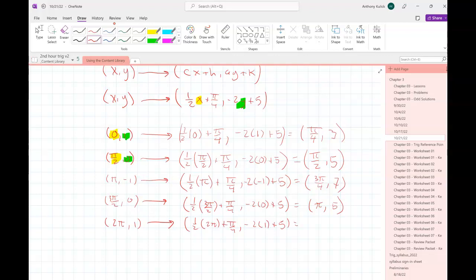Oh, it's adding. Right, we're adding. If I'm doing that, I think about pi as 4 pi over 4. Right, just making a common denominator. And then negative 2 times 1 plus 5 is 3 again.